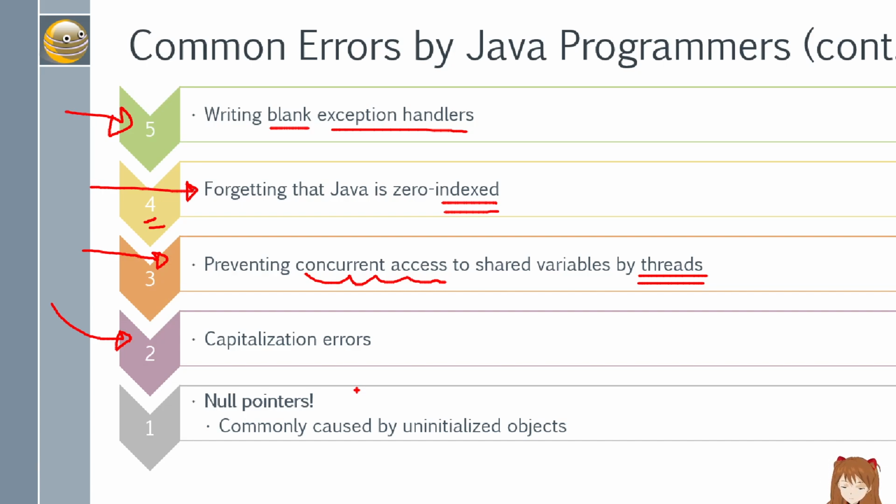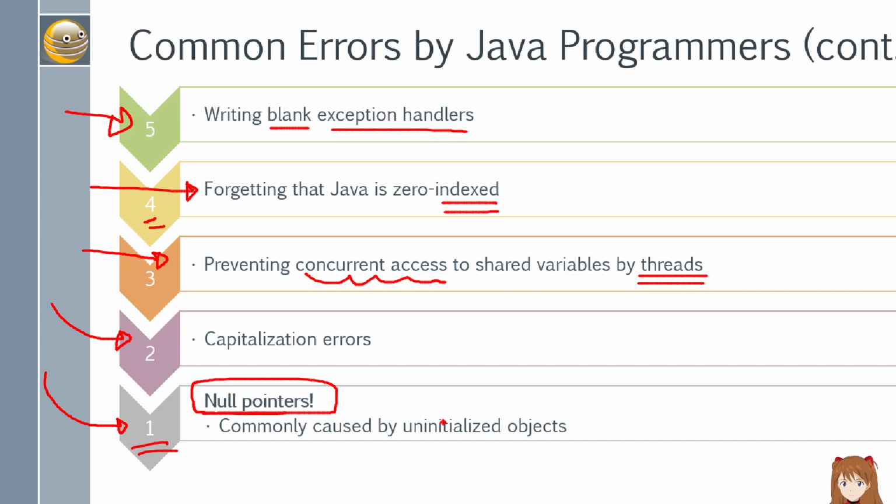Okay, the second in the list is the capitalization. This is caused because Java is case sensitive. So a name with the same characters, if you got one name that has capital letter and the other without capital letter, those are different names. Alright? You can't regard them as having the same name. Alright? And the most common human error is null pointers.